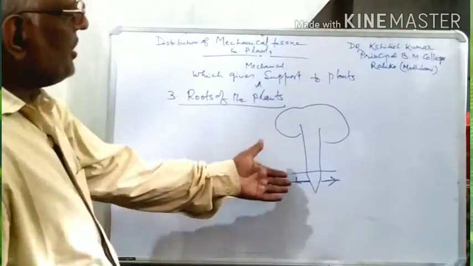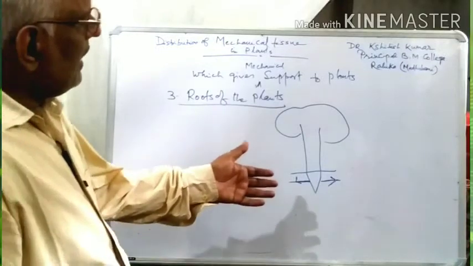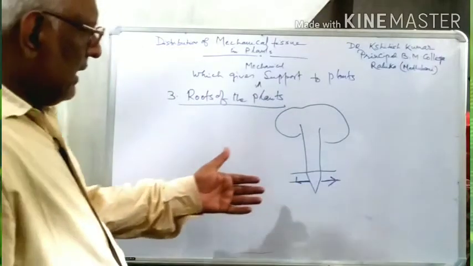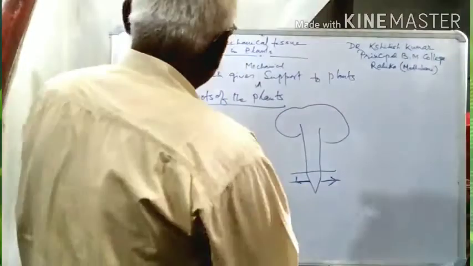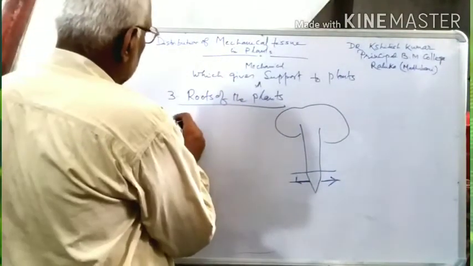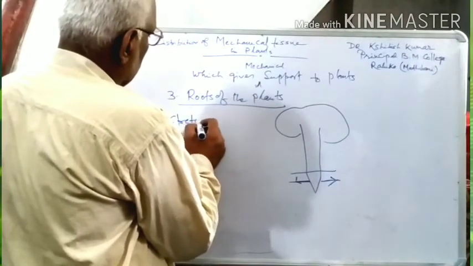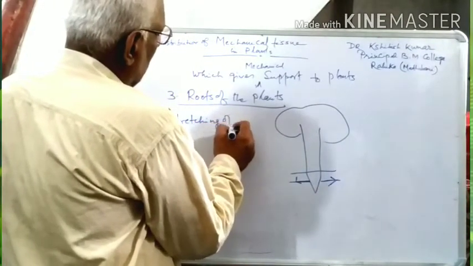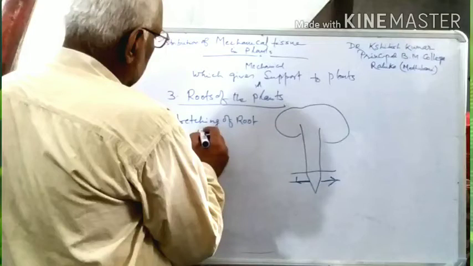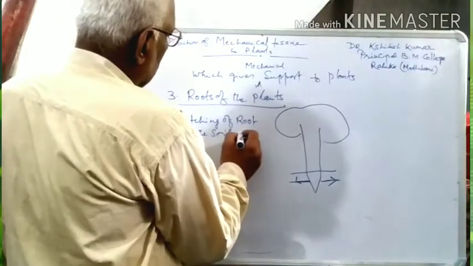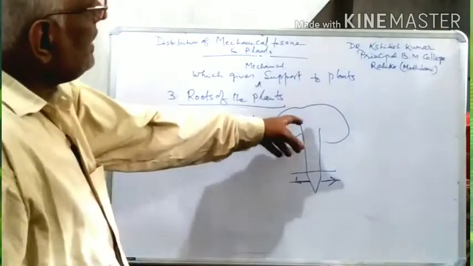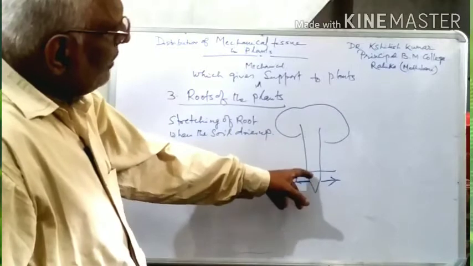So there is stretching of the root when the soil dries up, and it also has to bear all the weight on itself.